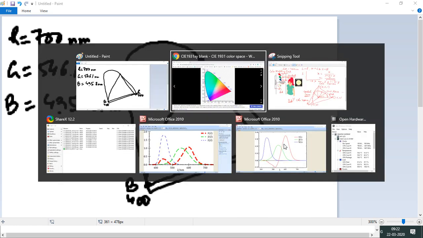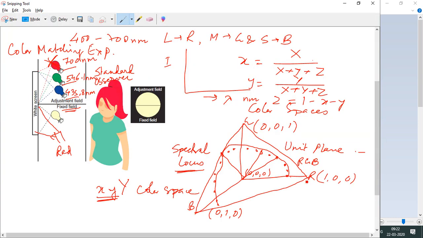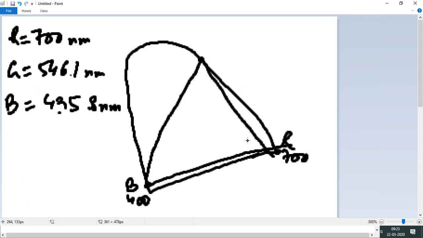In the RGB 3D color space, I told you the gamut of colors that is theoretically possible is some combination of red, green and blue, and we join these vertices together to get the RGB unit plane. This contains all the colors that are possible using some combination of R, G and B, and within that is located the spectral locus. So this will be that RGB plane.